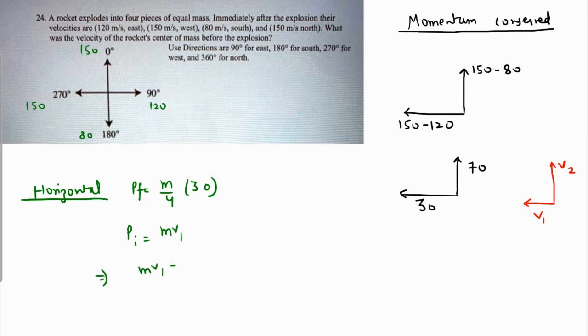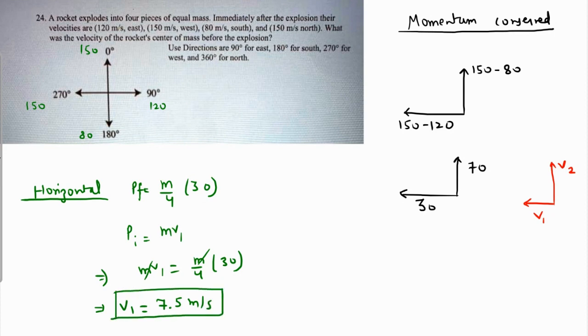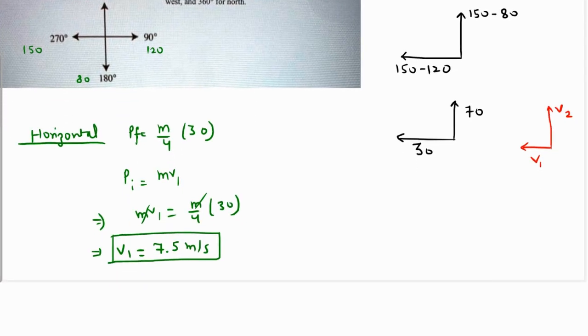This means that mv1 should be equal to m over 4 times 30. M and m cancel, so the value of v1 comes out as 7.5 meters per second. This is the horizontal velocity.